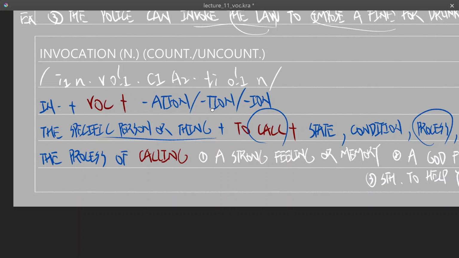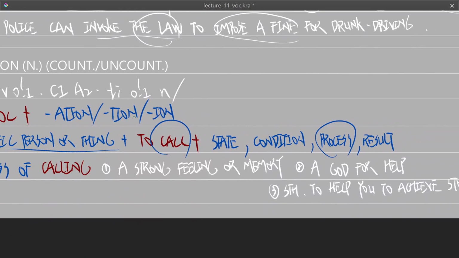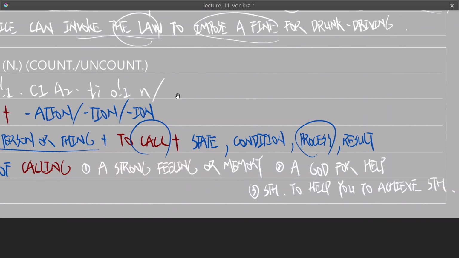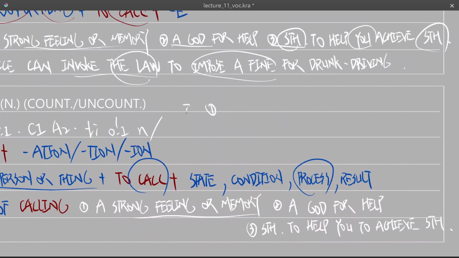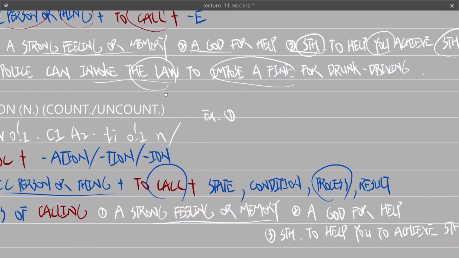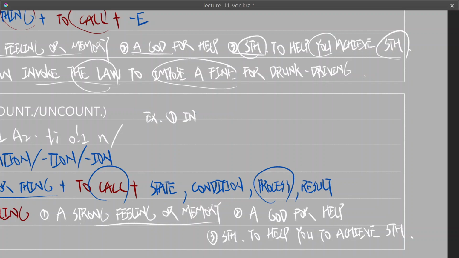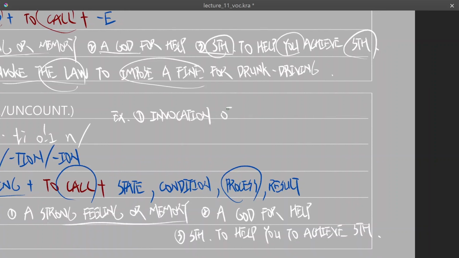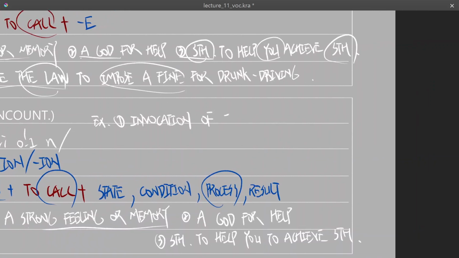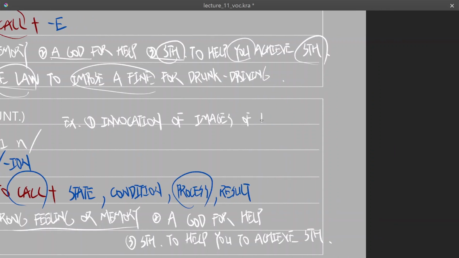So what about the first one? For example, we could say strong feeling or memory. So we have invocation of images of his childhood.